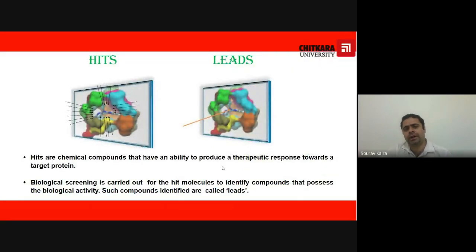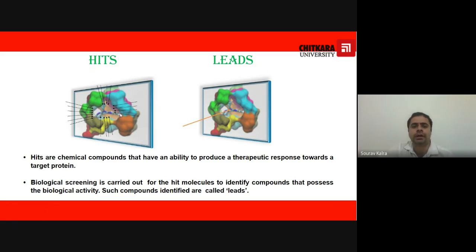So what is a hit and what is a lead? Hits are the molecules. Say I have a protein, EGFR protein, and I have 30 to 40 compounds that may fit in the cavity of the protein.